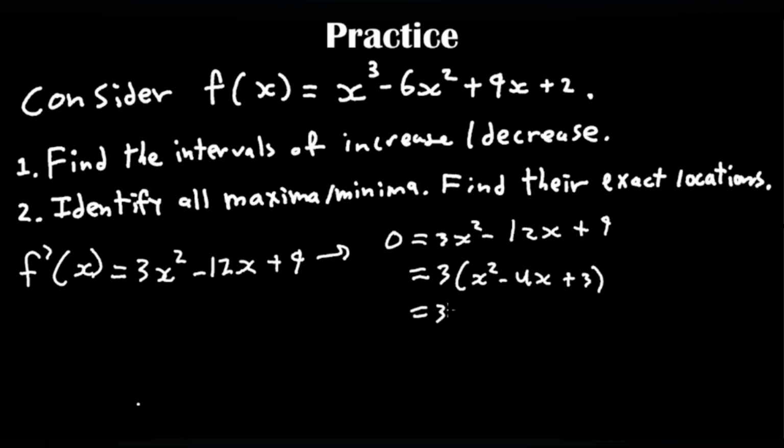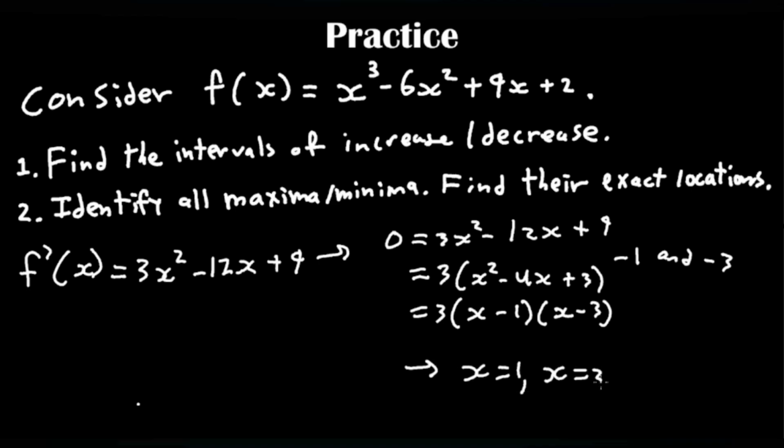And then we can factor this even further because we need to know what multiplies to 3 and adds to negative 4. That's just negative 1 and negative 3, because negative 1 plus negative 3 is negative 4, and negative 1 times negative 3 is 3. So this factors like x minus 1 times x minus 3 with that 3 out in front. And so the zeros of our derivative are just going to be x equals 1 and x equals 3.